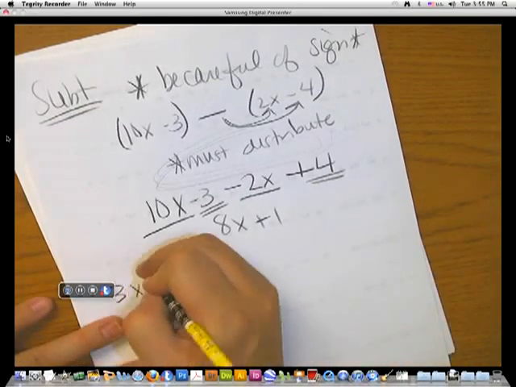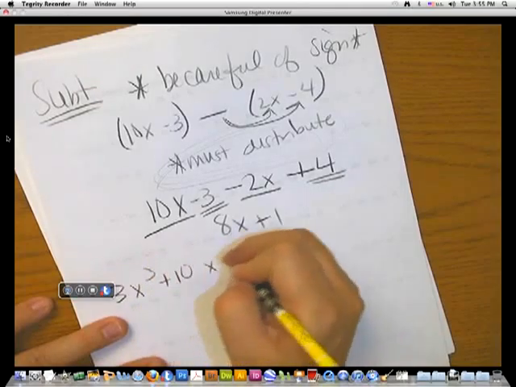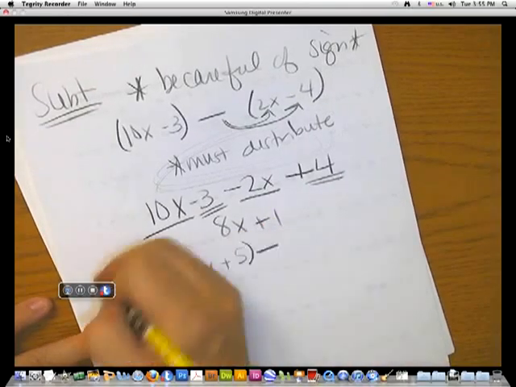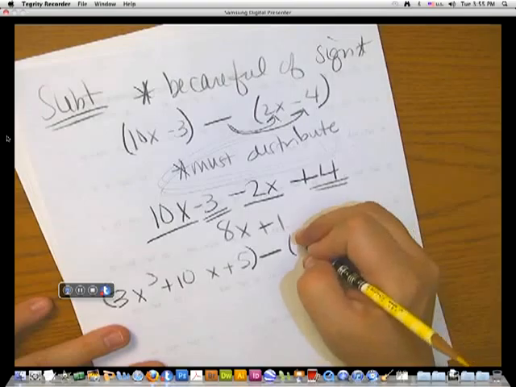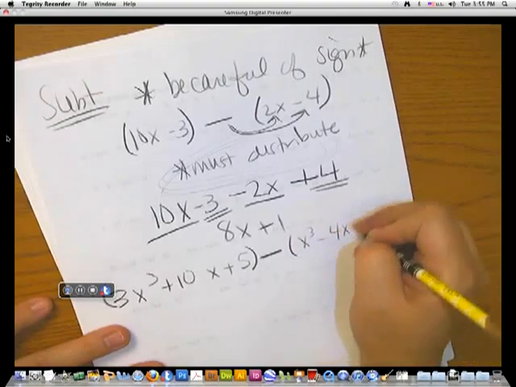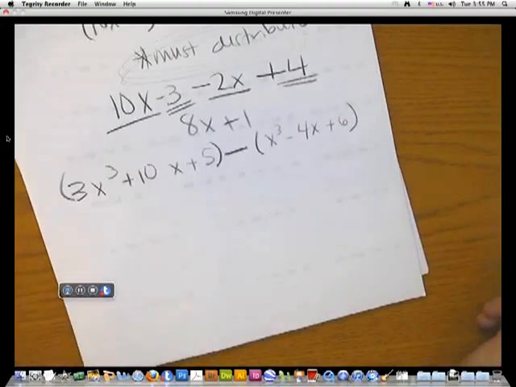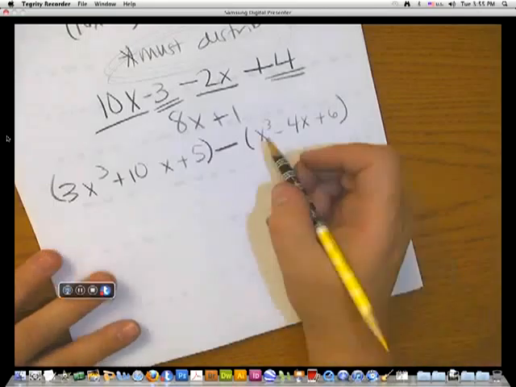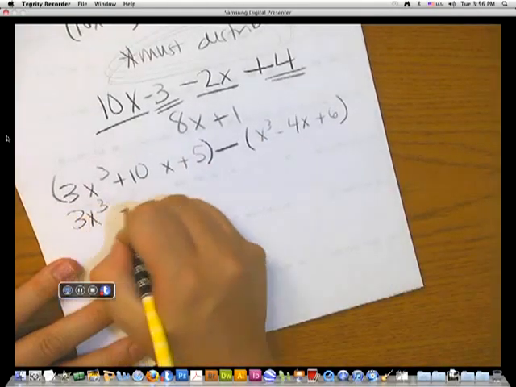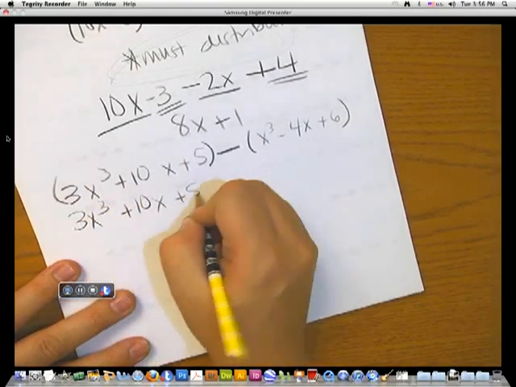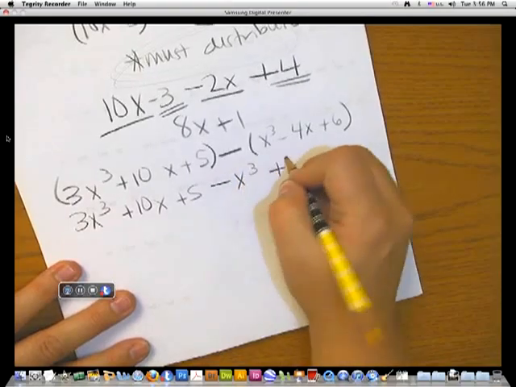So try it again. Go ahead, pause, do it on your own, and then come back and match it up to mine. Distribute the negative.